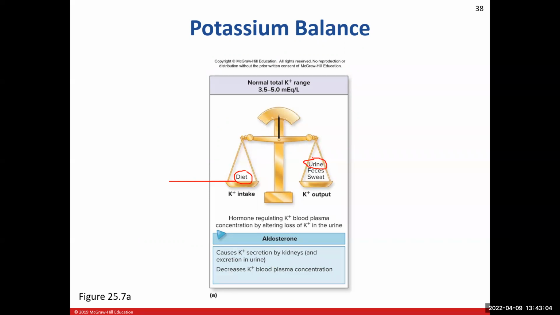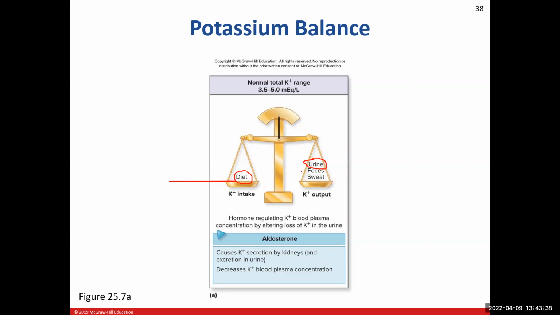So a major hormone that is affected by our potassium levels is going to be aldosterone. In fact, the number one stimulus to aldosterone secretion is going to be potassium levels. So what we'll see here is with aldosterone, once aldosterone is being secreted, it's going to cause our kidneys to excrete potassium into the urine.